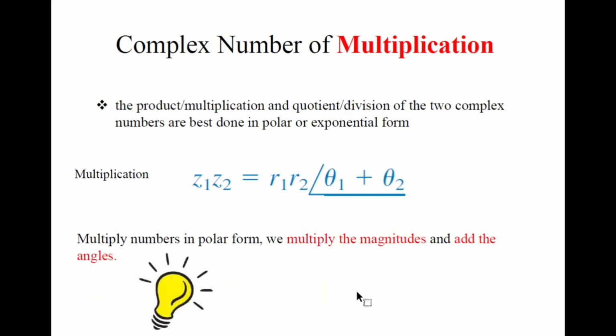For multiplication, it's better to use polar or exponential form, where you have magnitude and theta. The equation is like this for multiplication.